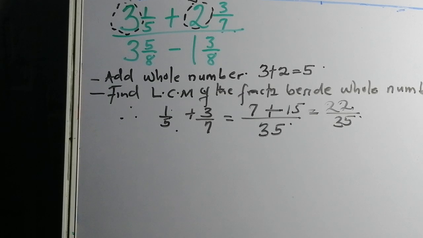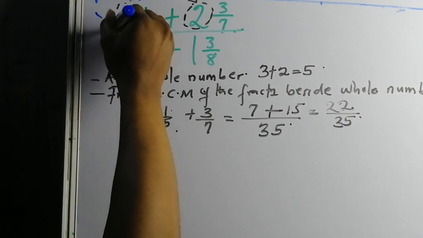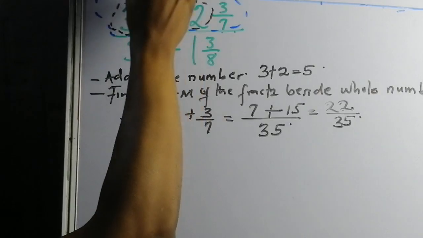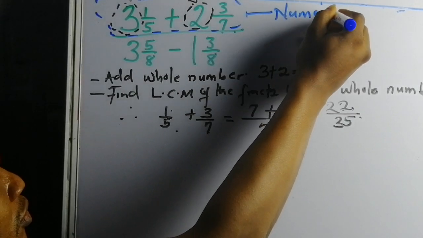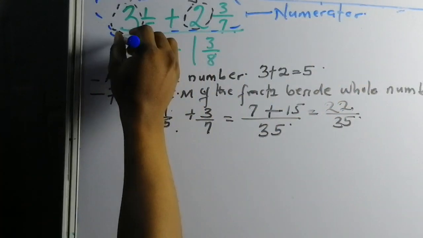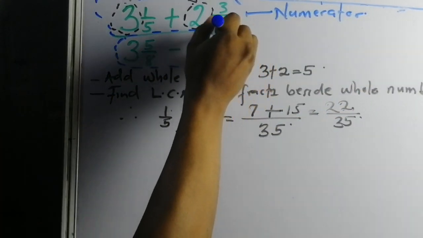So we've gotten the value for the whole number for the numerator. Don't forget, we all know numerator and we all know denominator. So this is our numerator, we know that for sure. And this is our denominator.